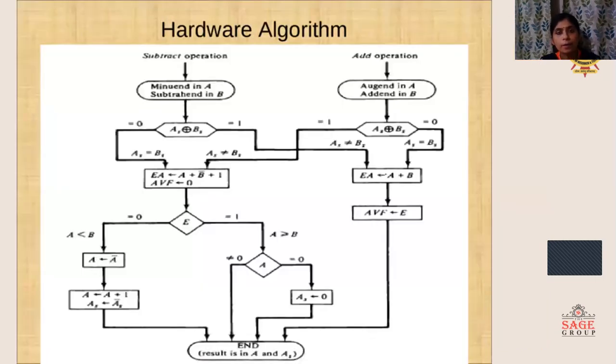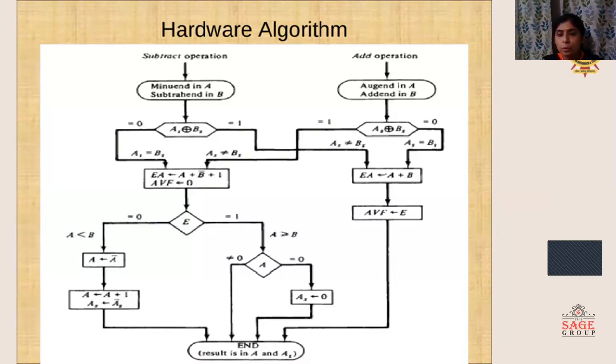This is the hardware algorithm for addition and subtraction, both operations. In case of the addition operation, the augend will be stored in A and the addend will be stored in B. Here first AS XOR BS will be performed. Here an XOR gate is used.